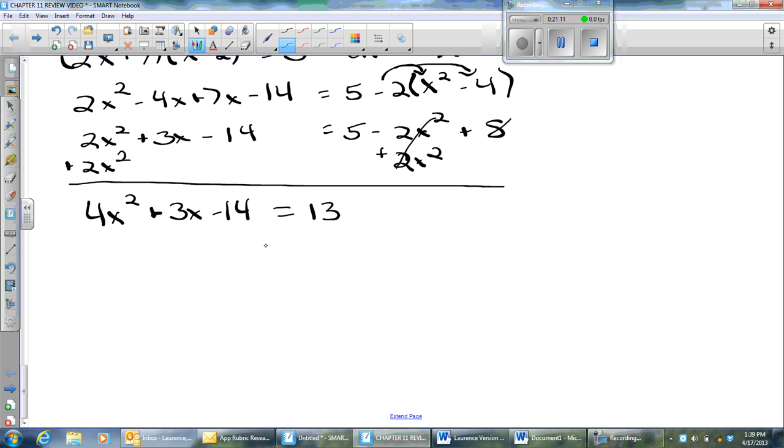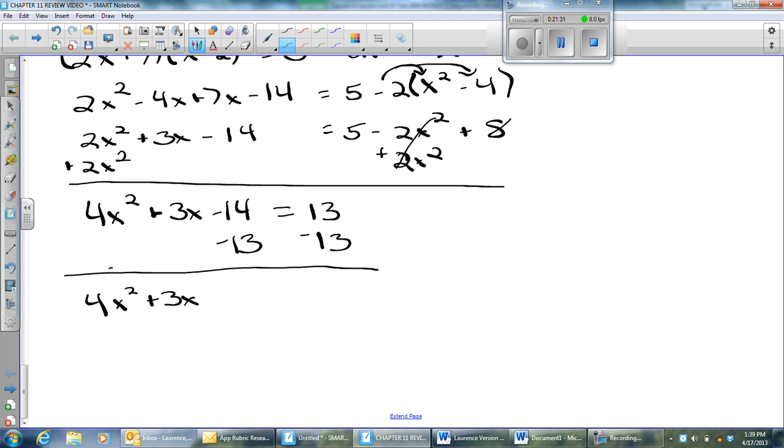Okay, now it doesn't look like anything's going to be canceling, so I want to get everything to one side of the equal sign and have it equal to 0. So I'm going to subtract 13, and I'm left with 4x squared plus 3x minus 27 equals 0. Now this is the part where some of you go crazy.